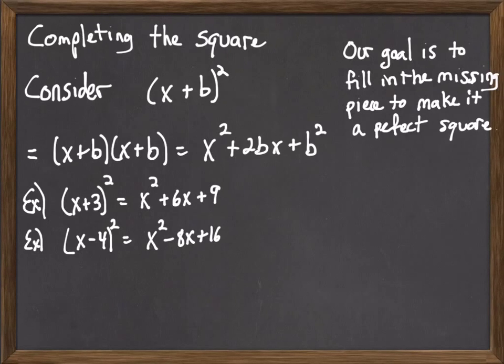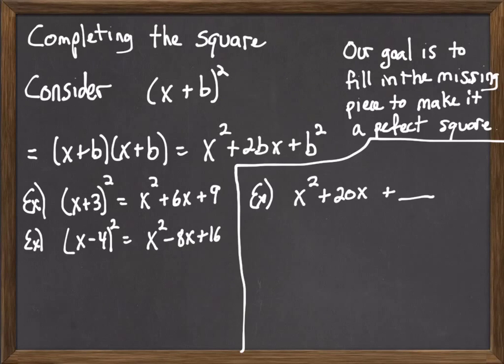And you're going to see one of the real uses for this process in an upcoming video. So for example, if we had x squared plus 20x, we'd like to figure out what number would have to go there to make this thing one of these perfect squared polynomials, like the x squared plus 6x plus 9 or the x squared minus 8x plus 16.